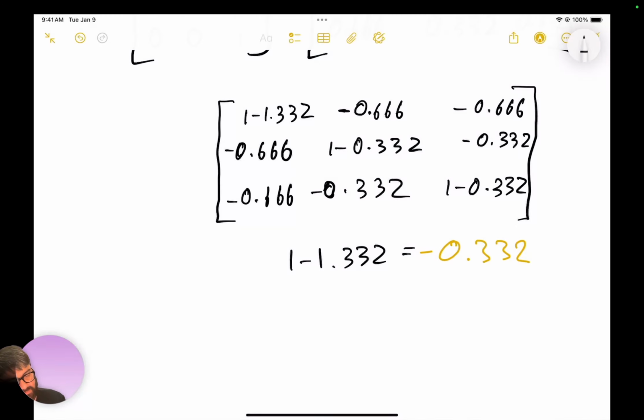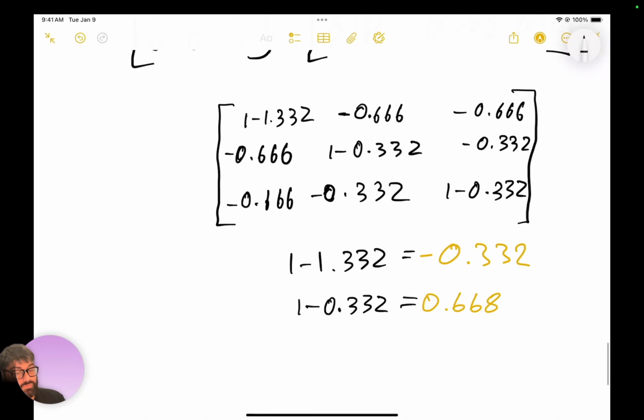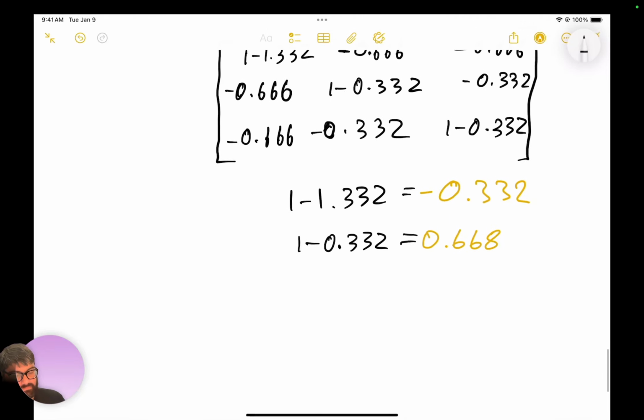Yeah, that's what I thought. 1 minus 0.332 should be 0.668, there you go, right? And so we just solve for this. That gives us our final answer, negative 0.332.